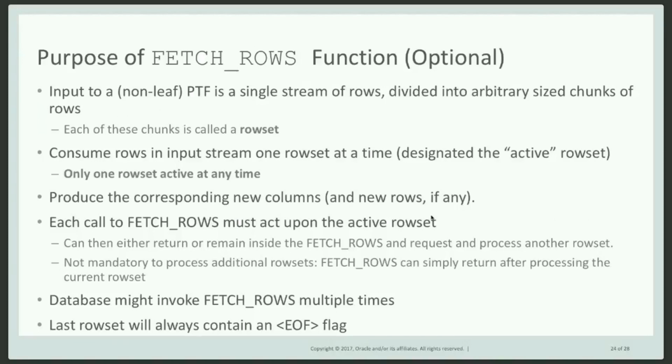Your polymorphic table now becomes a row set, and we'll consume those rows from the input stream, i.e. the table that you're passing in, and we'll have what's called an active row set. And then we need to produce the new columns that we want to add, and if we want to add any rows as well.